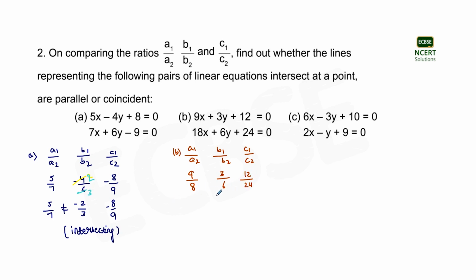Converting these ratios to the simplified form, each comes out to be 1 by 2, as 9 into 2 is equal to 18. As a1 by a2 is equal to b1 by b2, which in turn is equal to c1 by c2, this pair of lines will be coincident.